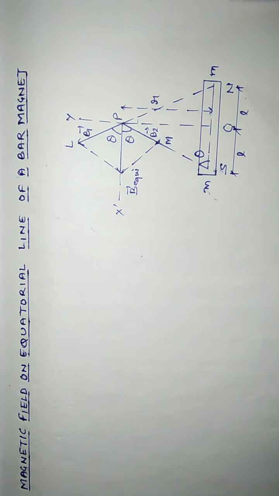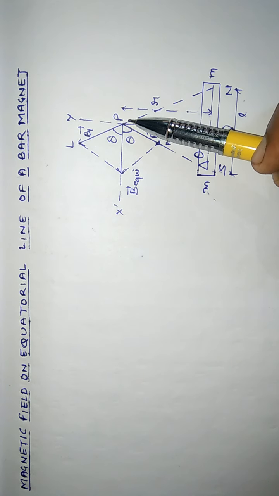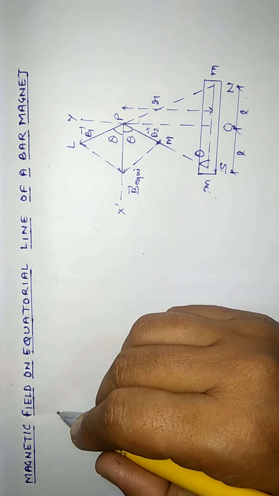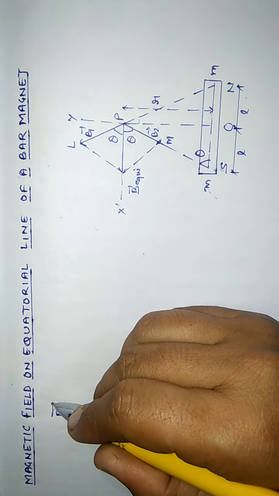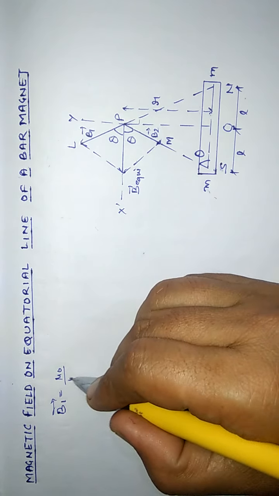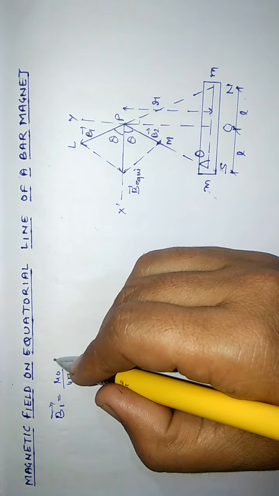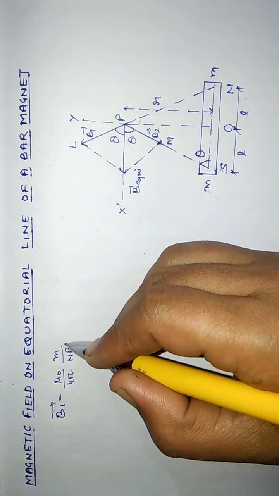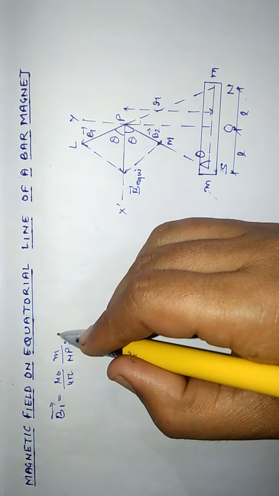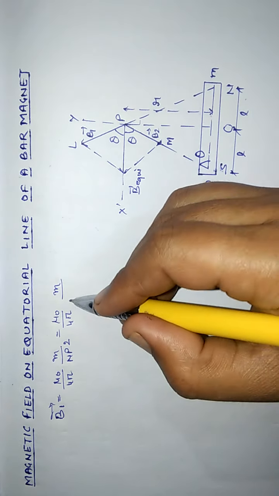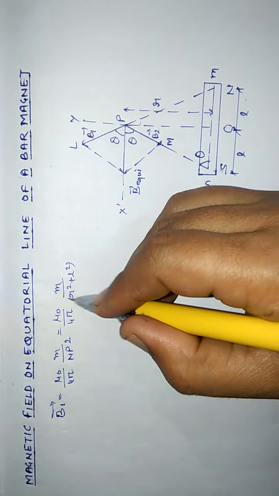If B1 is the magnetic field at point P due to the north pole of this magnet, then B1 will be equal to mu naught upon 4 pi m upon the distance NP, so NP square, which is equal to mu naught upon 4 pi m upon r square plus l square.